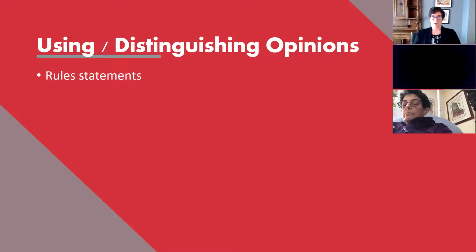First and foremost, opinions can be a really great place to find just generalized rule statements. You'll find in Magana that it lays out in great detail what the discovery standard is. That is great information to include in your rule statements, in your briefing.